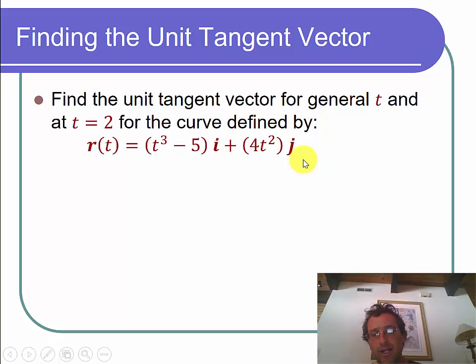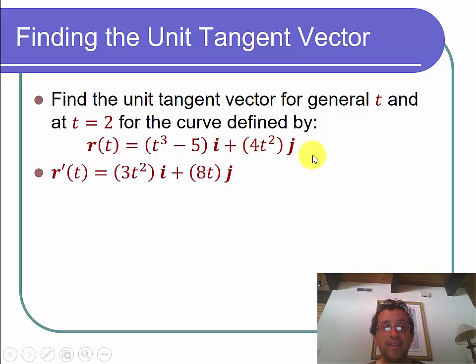So we go to our formula, and we need to find r prime of t. This is pretty easy because we just have polynomials. The derivative of t cubed minus 5 is just 3t squared, so we get 3t squared i, and the derivative of 4t squared is just 8t, so plus 8t j. And that is r prime of t.